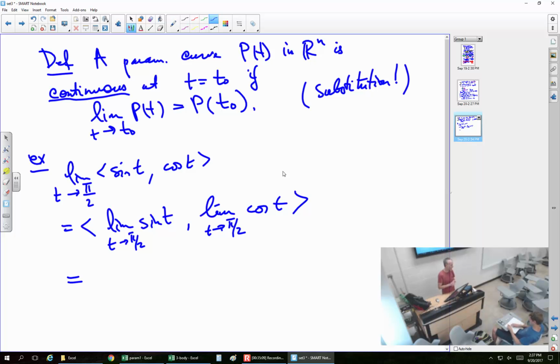That's the importance of that result. Okay, so what do we do here? We compute both of the limits using what you know from calculus 1. So what do I write here? 1, 0. I want to stretch it a little bit.